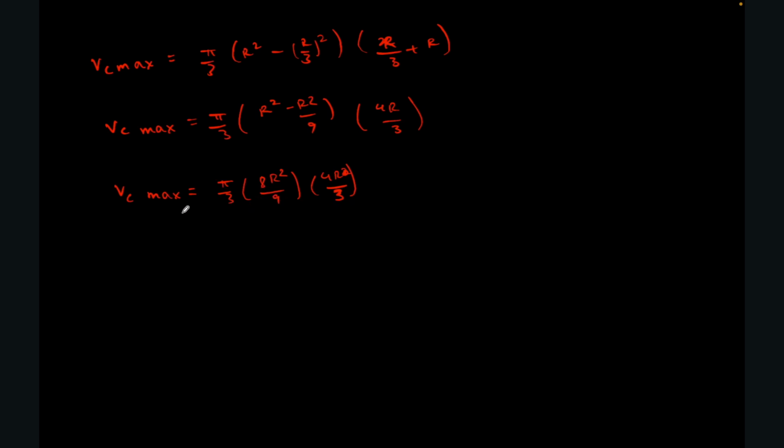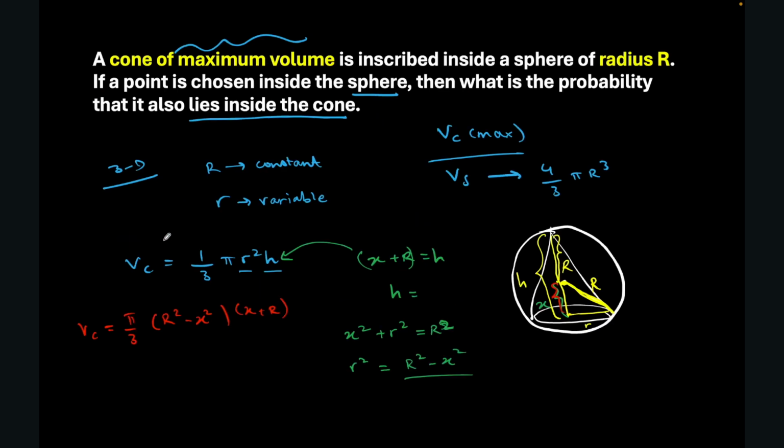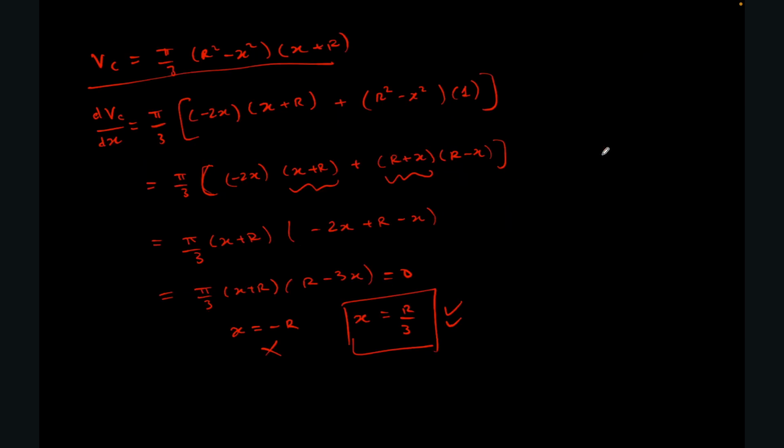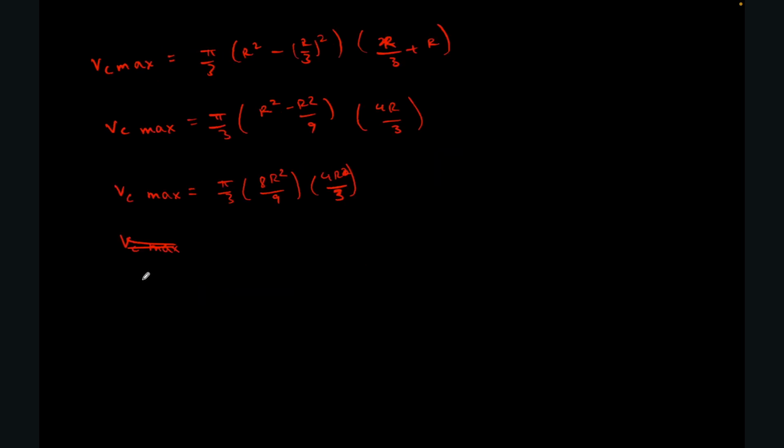Can I simplify this in any way at this time? I can multiply it all, but if you go back to the first point, we're supposed to do this relation here, so I'm supposed to divide this by 4/3 πR³. So let's just do that.